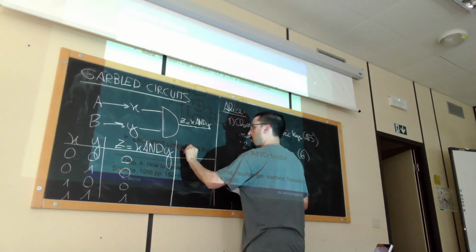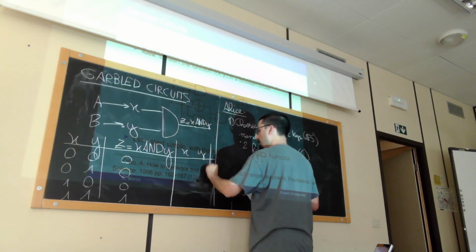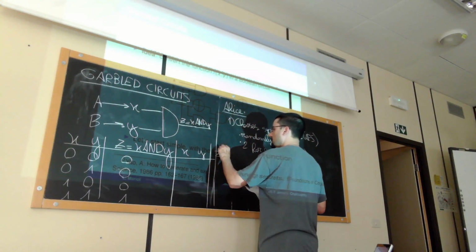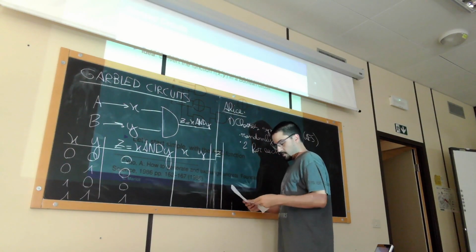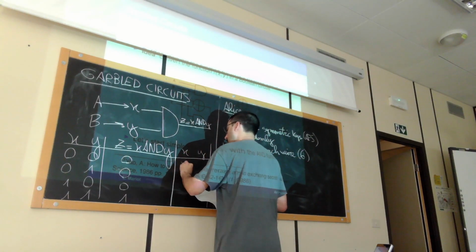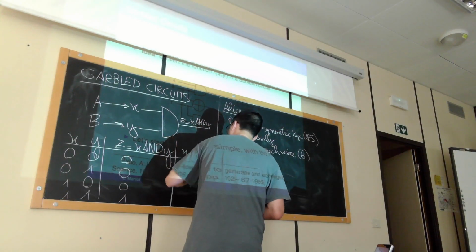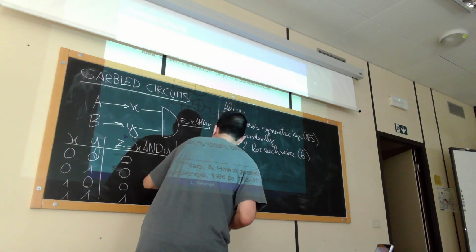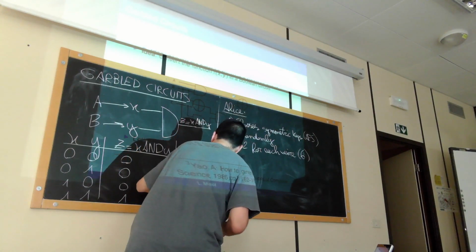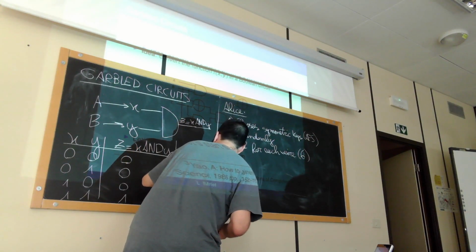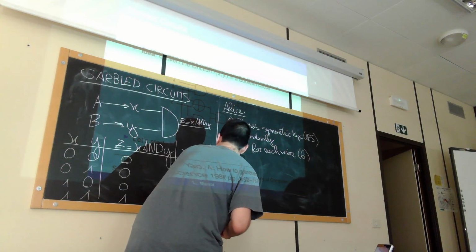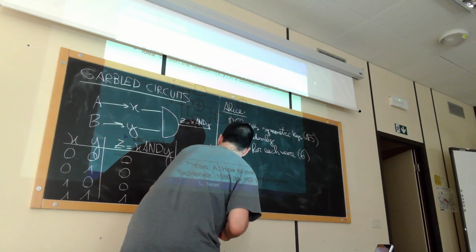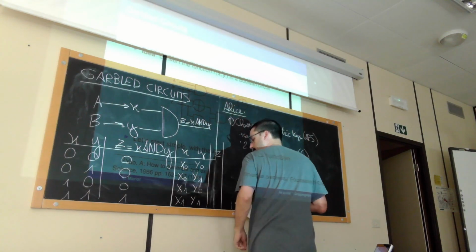This has x, y, and z. So we will have x0, y0; x0, y1; x1, y0; and x1, y1.